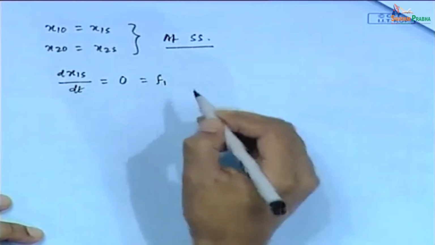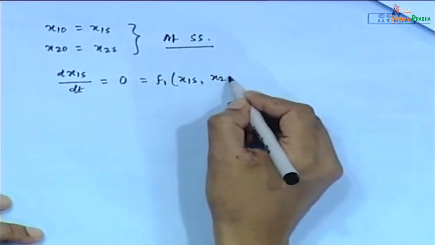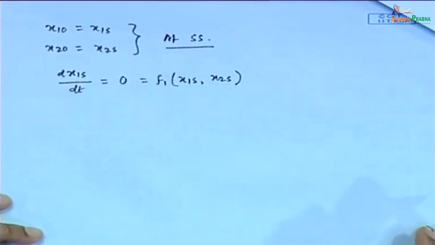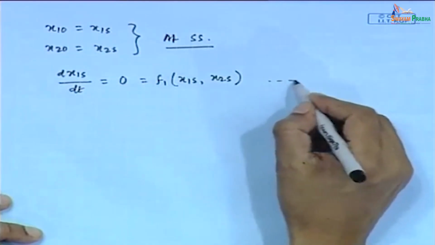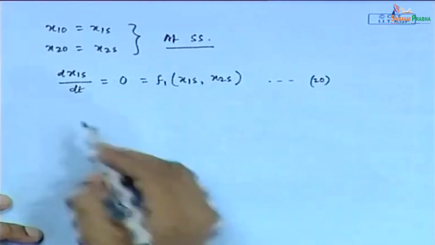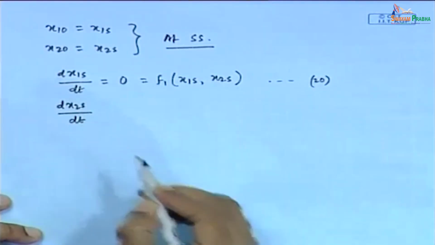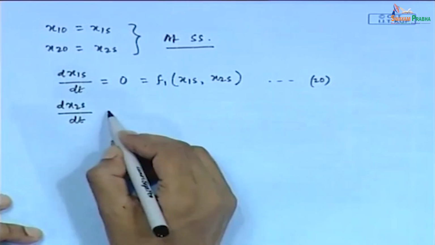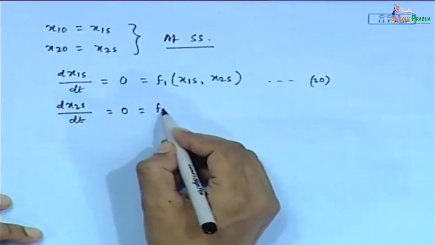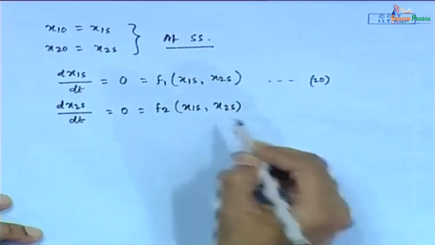This is equal to the first function, that is the function of x1s and x2s. Fine. So, suppose this is equation number 20. Similarly, the second equation we can write as dx2s/dt equal to 0 equals f2 of x1s, x2s.